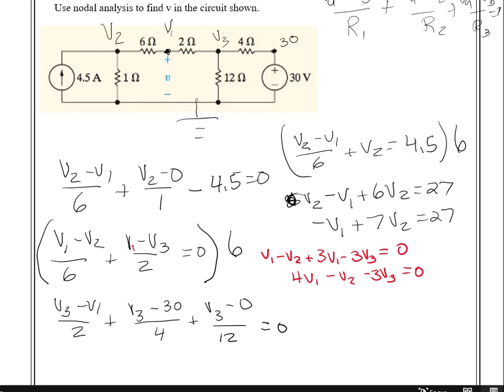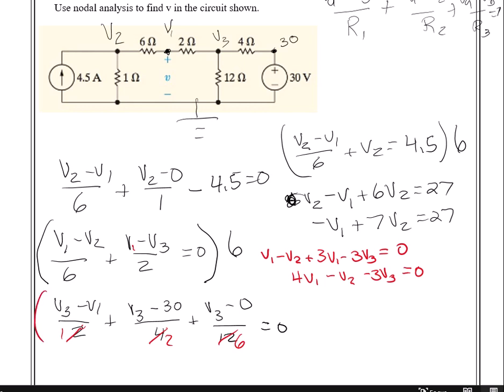And this last equation, first thing I'm going to do is divide all of these denominators by 2, which is the same as multiplying everything by 2, just to simplify things. So that's 1, that's 2, that's 6.